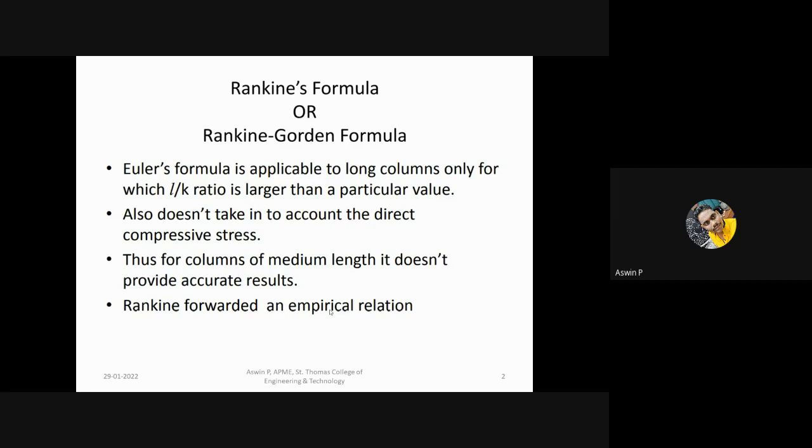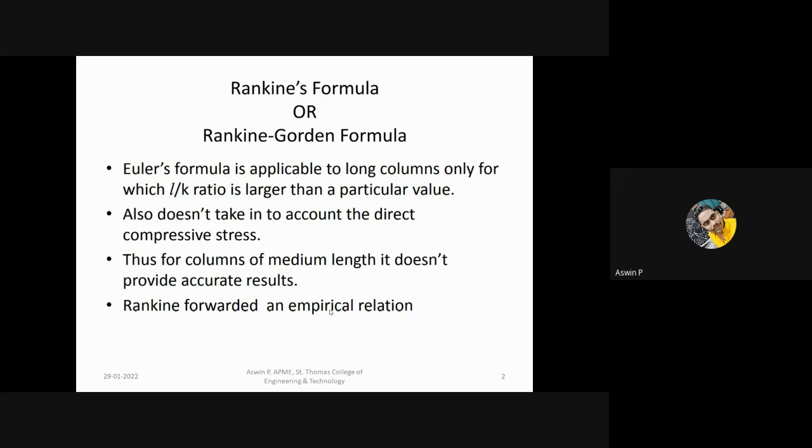And the column of medium length, that is medium column, doesn't give accurate results. Euler's equation won't give accurate result for medium column also, because medium column includes both crushing and buckling. So if we are not giving importance to that, there is a chance of wrong results.